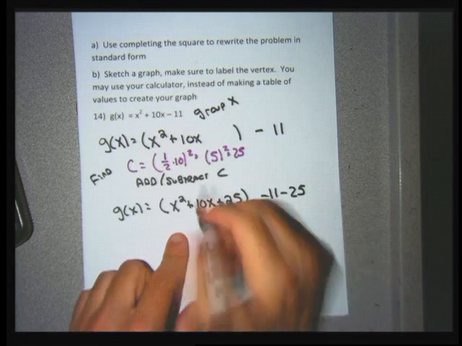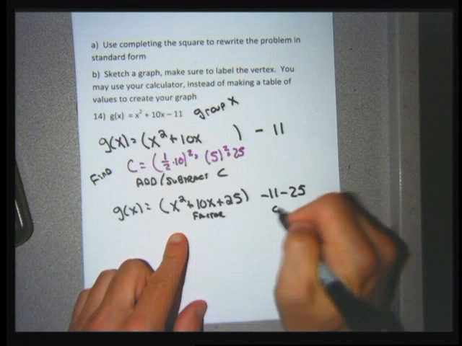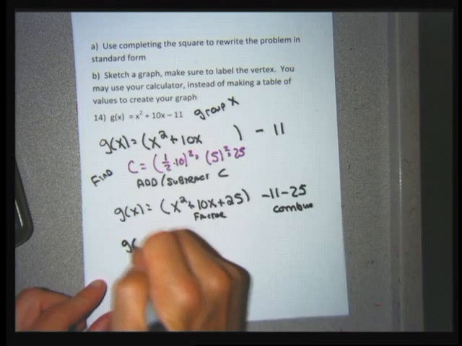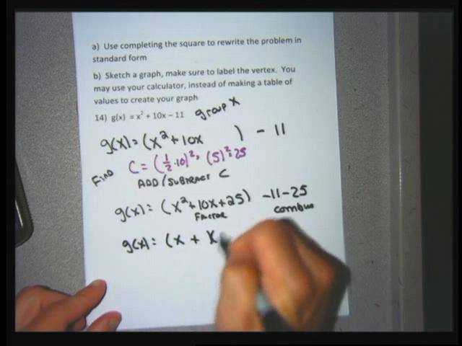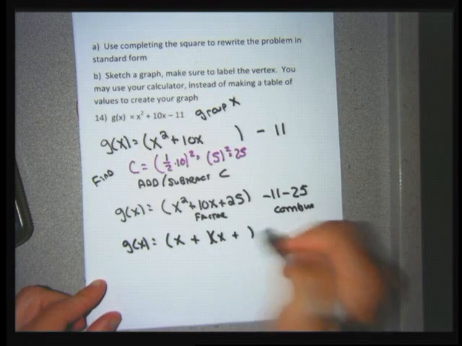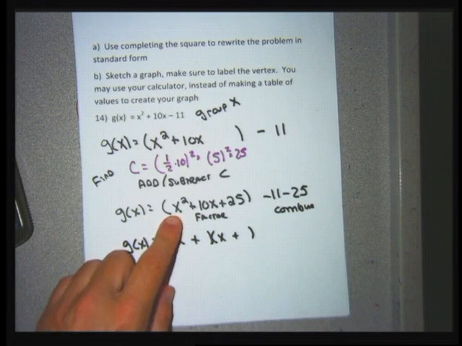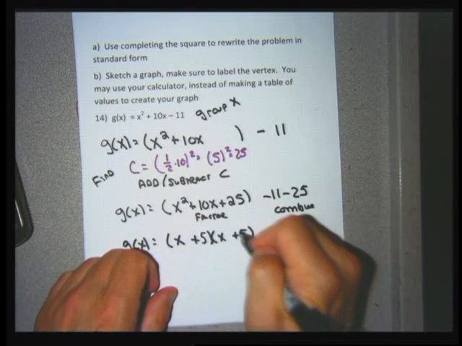Now I'm going to factor these and combine these. When I factor, fortunately there aren't any minus signs, so when I go to factor that x squared plus 10x plus 25, first are a couple of x's because there's not a number in front of the x squared. My lasts have to multiply to 25 and add to 10, and they're going to be 5 and 5.